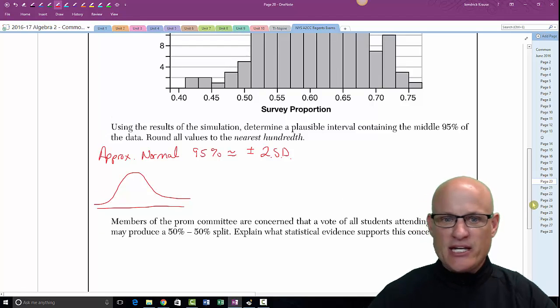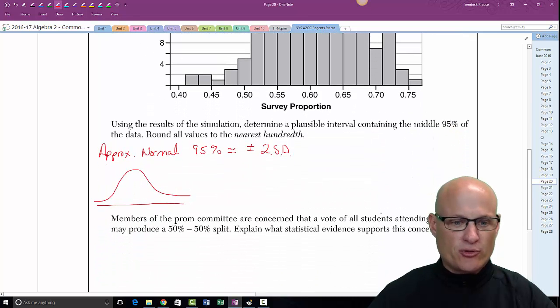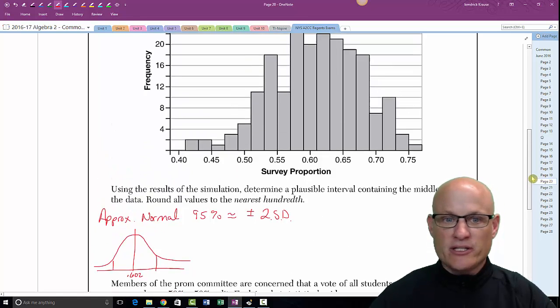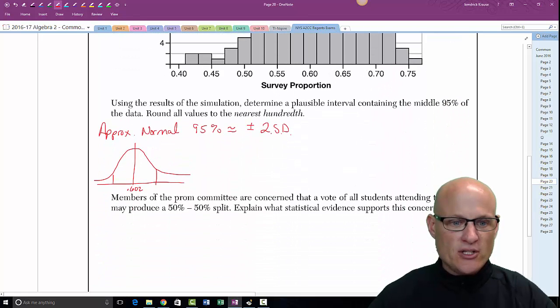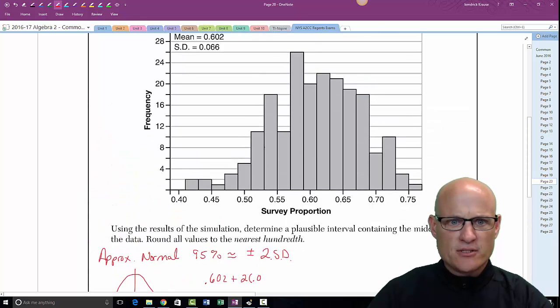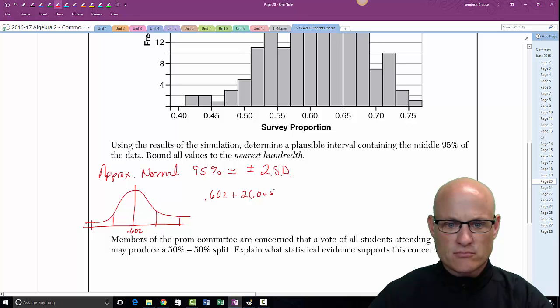The mean was 0.602 and the standard deviation would be 0.066. So we're going to add 0.066 twice, and subtract 0.066 twice. To show your work, you're going to say 0.602 plus 2 times 0.066, and then 0.602 minus 2 times 0.066.